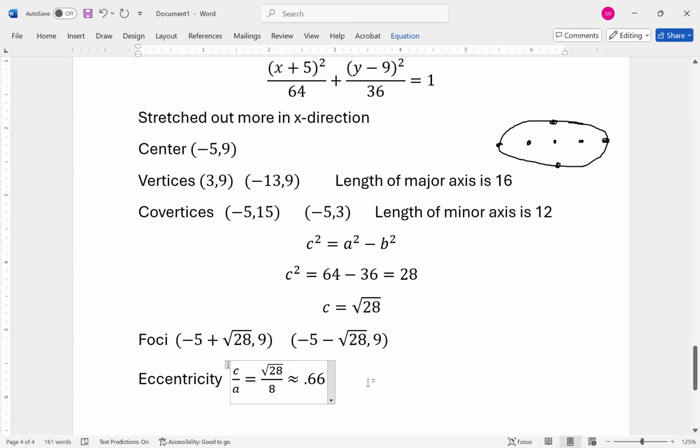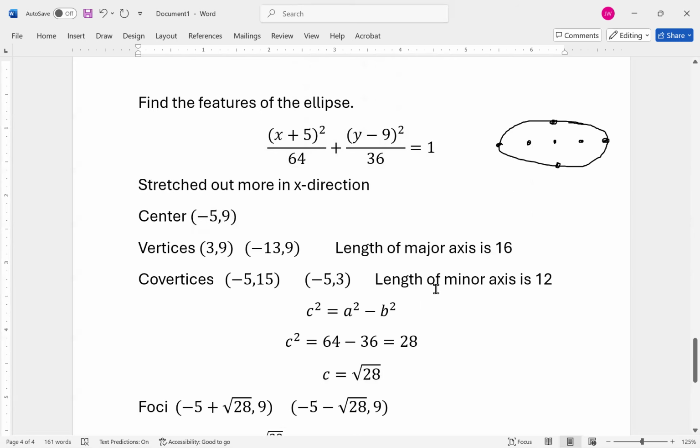If you want to confirm all of this information, you could graph it. Again, I tend not to. I tend just to leave it as is. But you could confirm all of this information by graphing my equation.